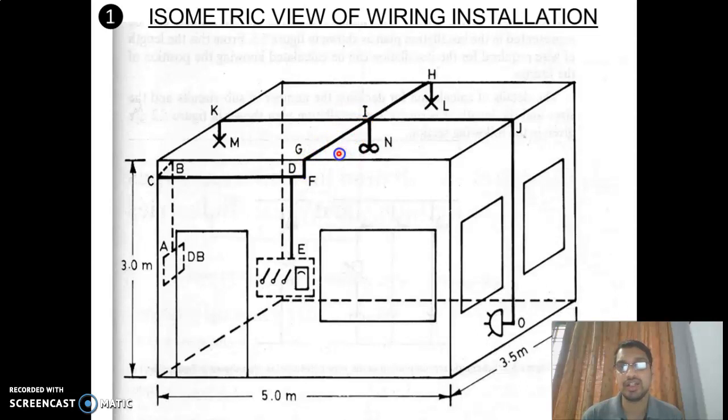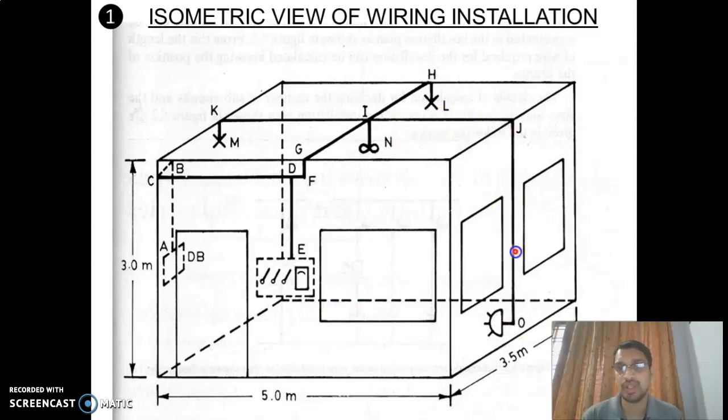Then GI, the length GI, is the midpoint of the width of the room, so that is 3.5 by 2, so GI is 1.75. Then IJ is also 5 by 2, that is 2.5.